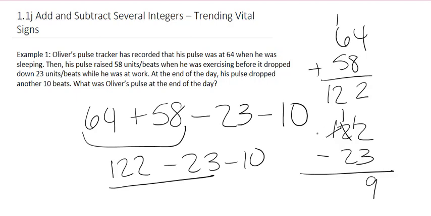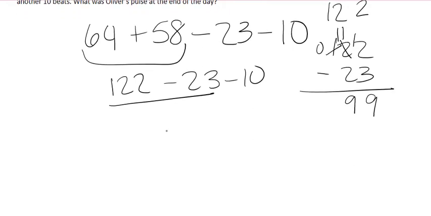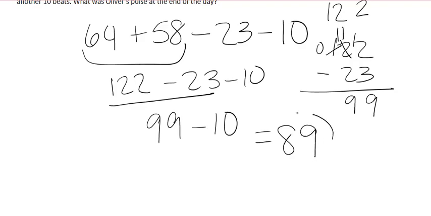So we change the hundreds to a 0, as we borrow the 100 and put that in the 10 spot. So we have 11 minus 2, which is 9, so 99. Now we have 99 minus 10. We're just going down a whole 10, which is 89. So he has a pulse of 89 at the end of the day.